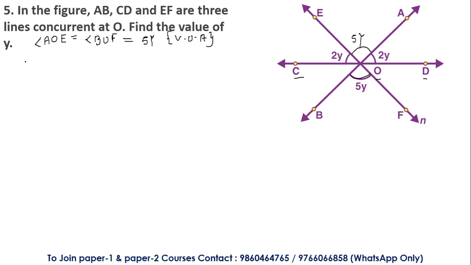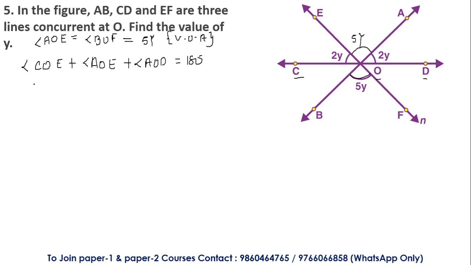That is, look here now, angle COE plus angle AOE plus angle DOA or AOD is equal to 180 degrees. Basically, these three angles which I have mentioned here are the corresponding angles formed on a straight line CD, and their summation is equal to 180 degrees. They are basically forming the linear pair, okay?